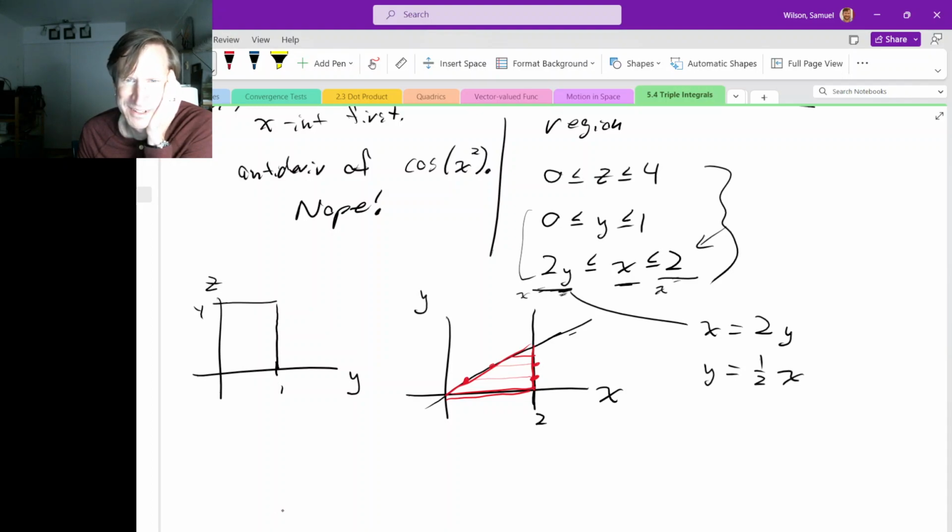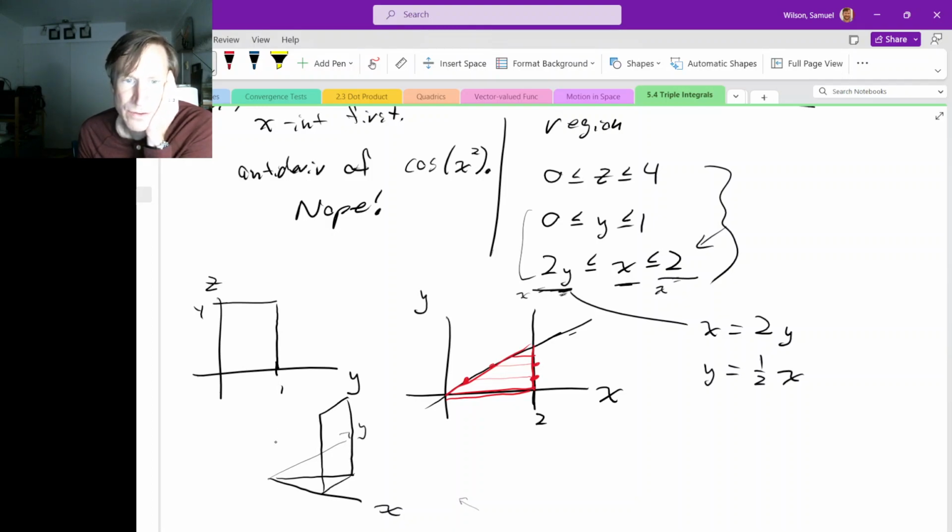Let's see. I'm having a mental block. Oh, okay, so here's the x-axis, here's the y-axis. In the xy plane, we've got this triangle, and then looking at it in the YZ direction, so looking at it from this end, we see a rectangle, like this.